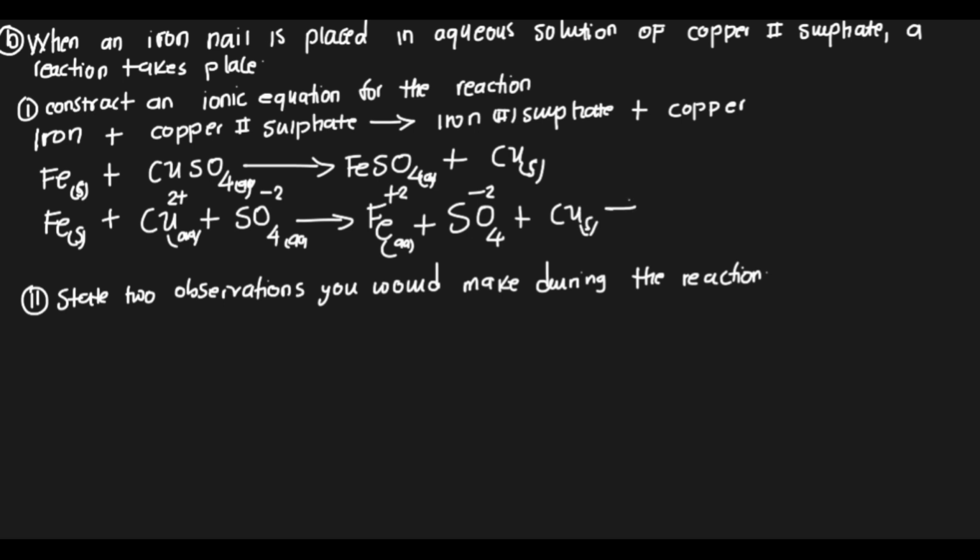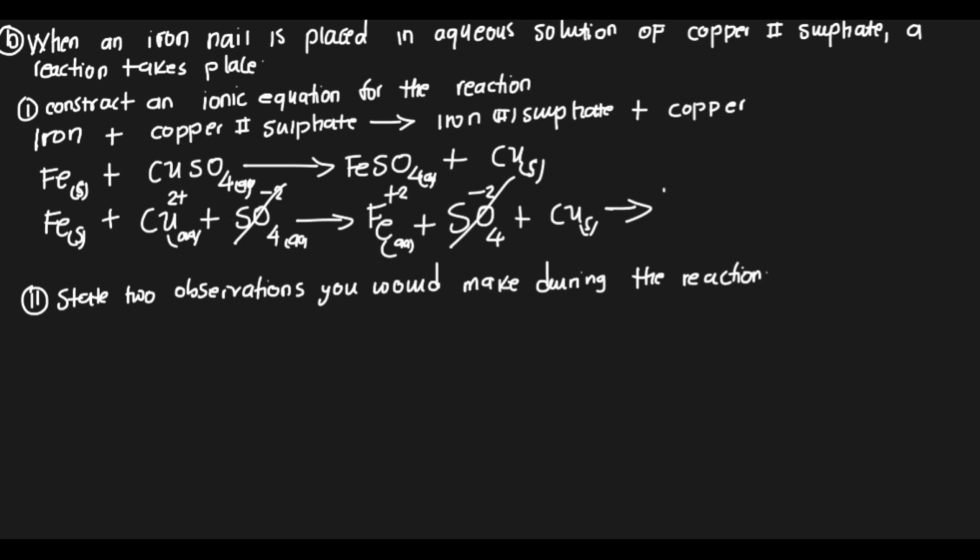So let's get rid of the spectator ions. The spectator ions are those in the same state before and after the reaction. So we can say that sulfate is a spectator ion. Then our net ionic equation will be the remaining species.